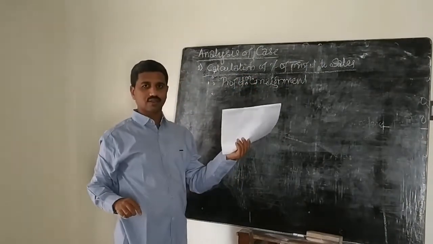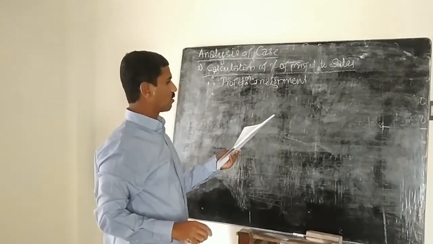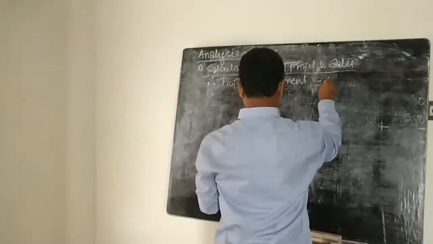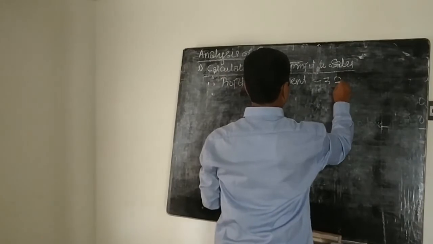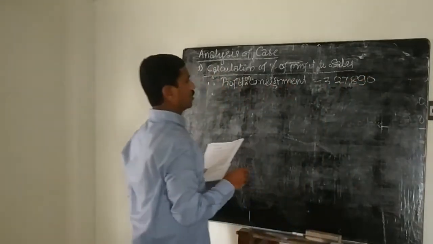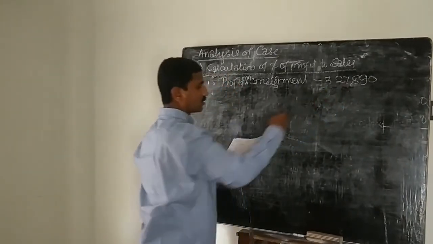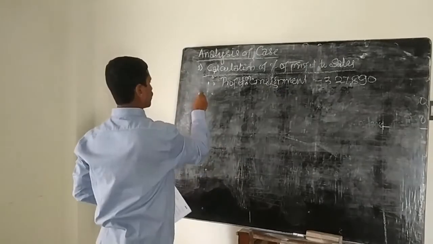We have prepared the consignment account and found the profit as 27,890 rupees.